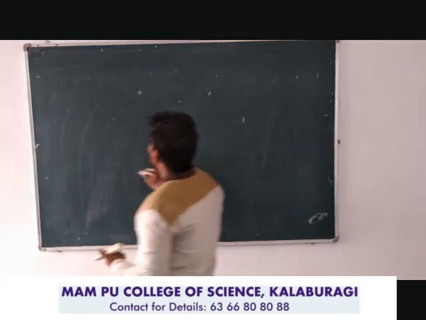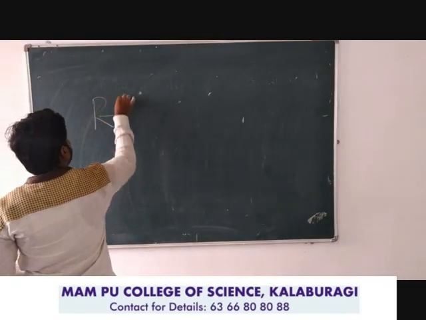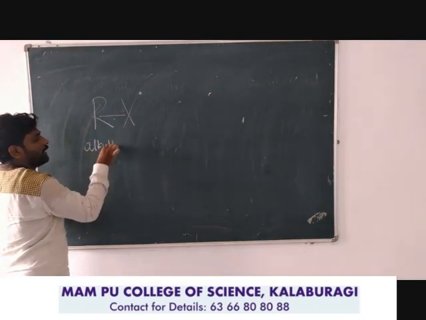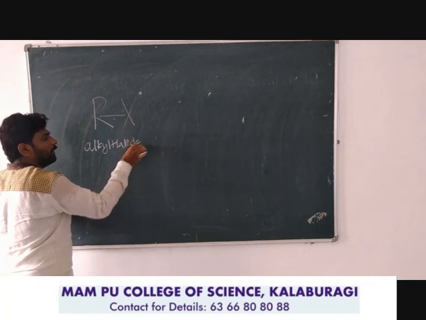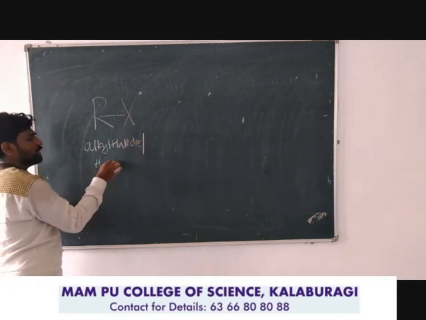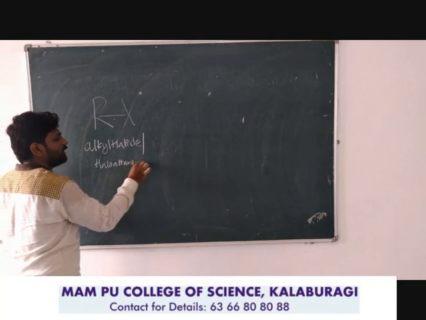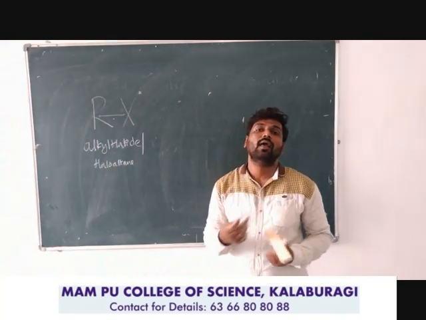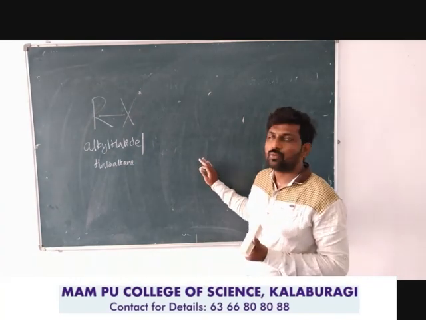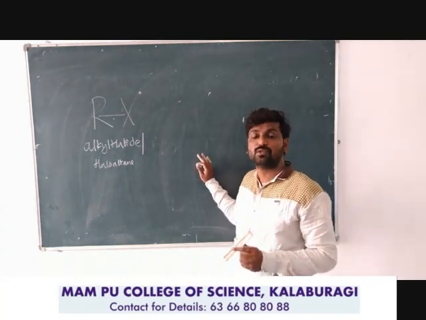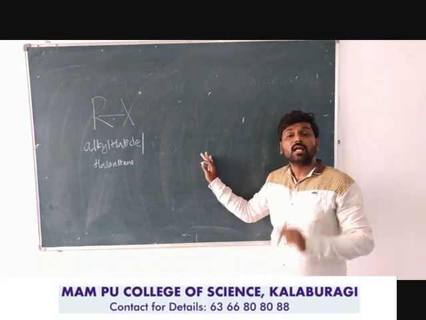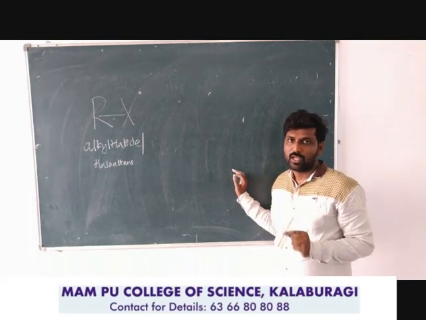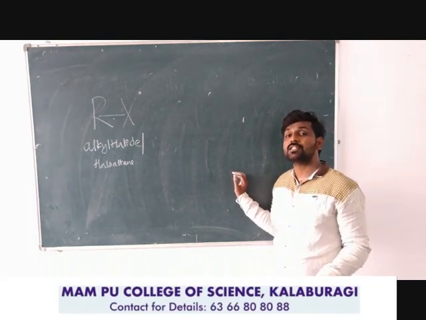Generally, in all the reagents we are taking RX. This RX is an alkyl halide or any haloalkane. Most of the students are a bit confused: why are we always taking alkyl halide or haloalkane? Because we are discussing the chemical properties of the haloalkane. Many students will have this doubt: why are we always taking haloalkane? Because we are discussing the chemical properties of the alkyl halide, the starting material will be that one, and we are using different reagents.